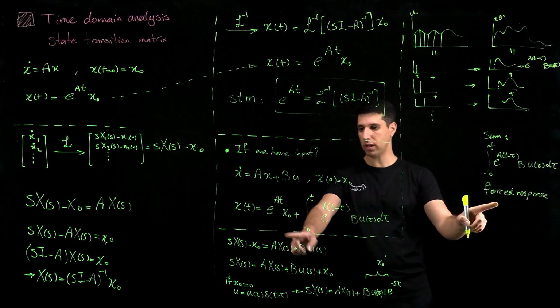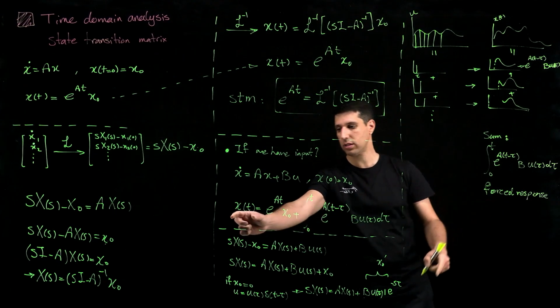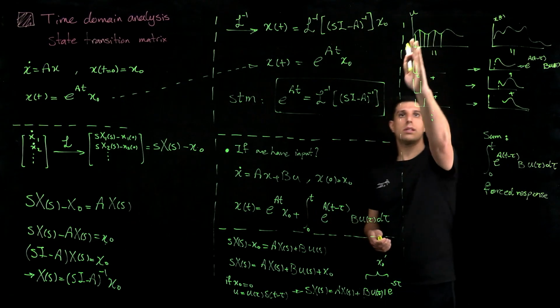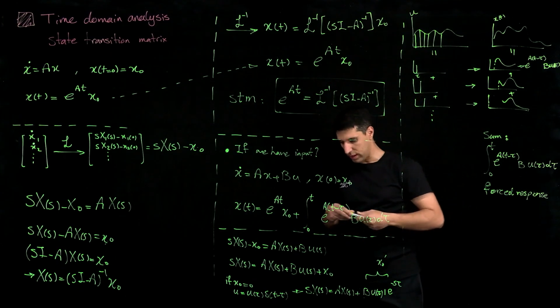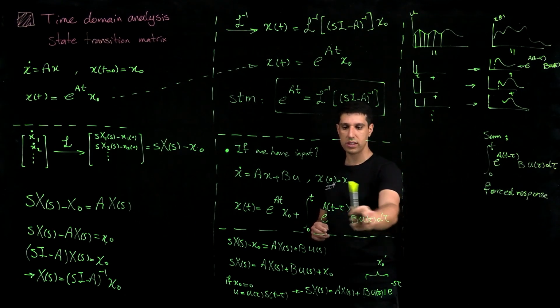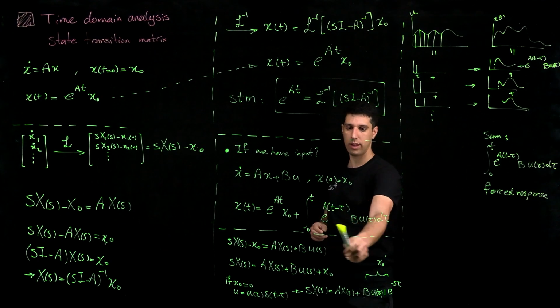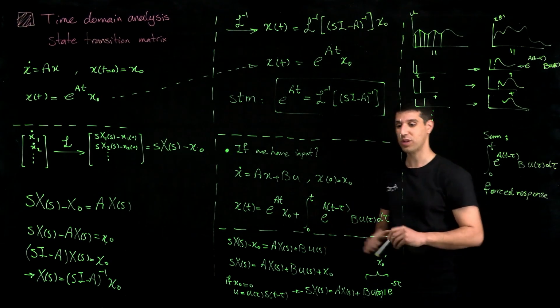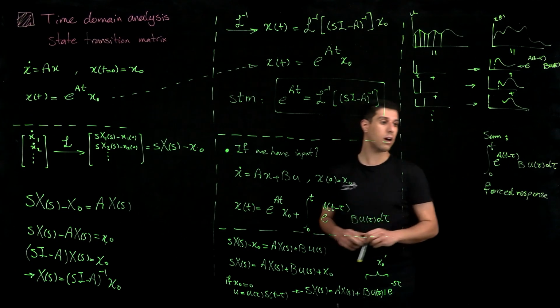So forced response plus the natural response gives me the full response. So this breaking down input into a series of impulses is a good way to try to intuit why this convoluted form, because it's a convolution, this convoluted form comes into play.